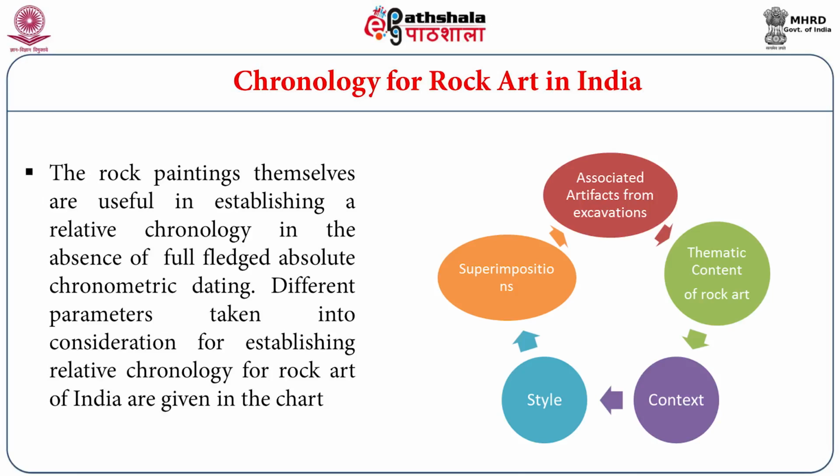We assume that prehistoric people used a simple style, so we try to attribute the simple paintings with simple style to an early period. Sometimes painting with the complex style to a later period. So this technique is also used for dating. And finally, we can also use the overall context of the site, as well as the painting, as well as the archaeological deposit to date the rock paintings.